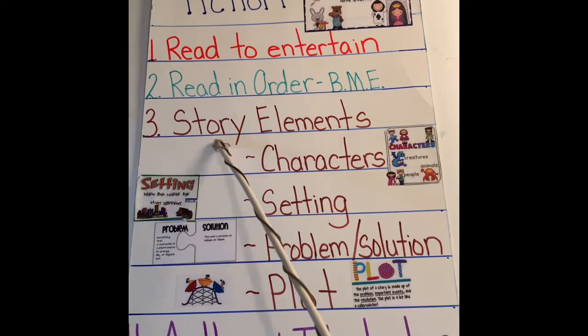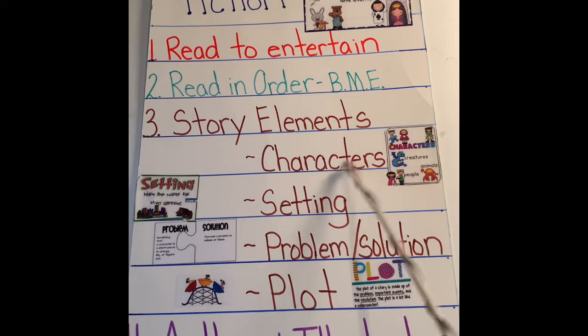Number 3, there are different story elements in a fiction story. We'll have characters, and the characters are the people or the animals that our story is about. It'll also have a setting, where the story takes place and when. A fiction story has a problem and solution: what went wrong and how did the problem get solved?